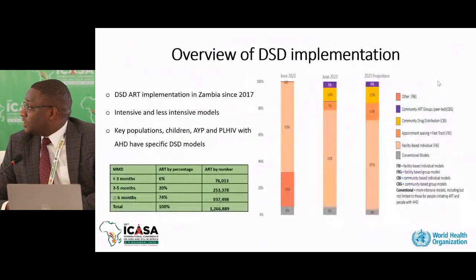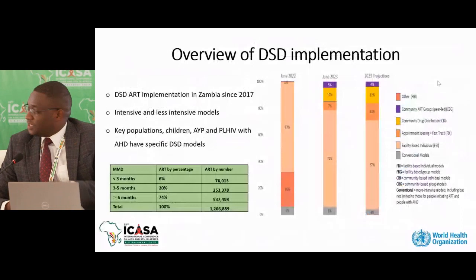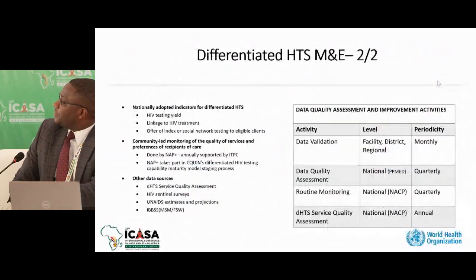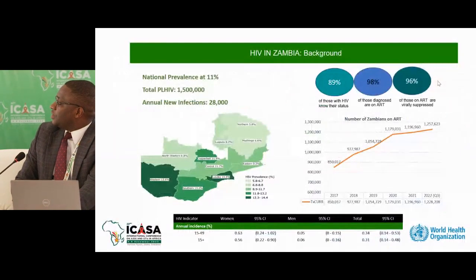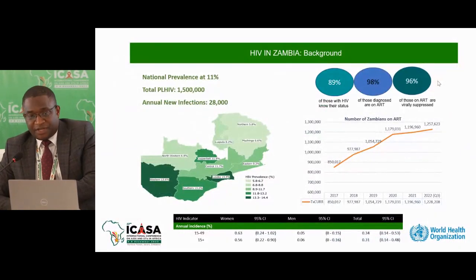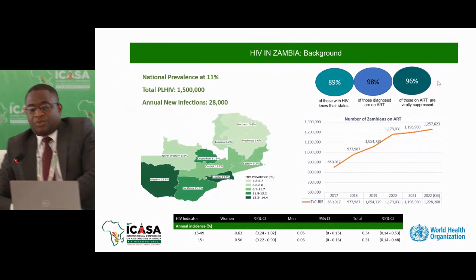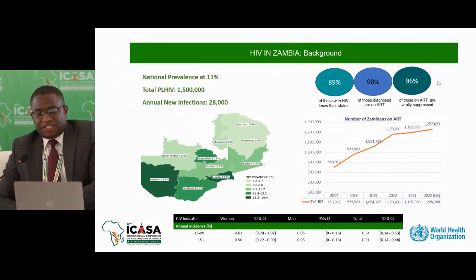So, this is a bit about Zambia. We have a prevalence of 11%. Total people living with HIV is close to 1.5 million.